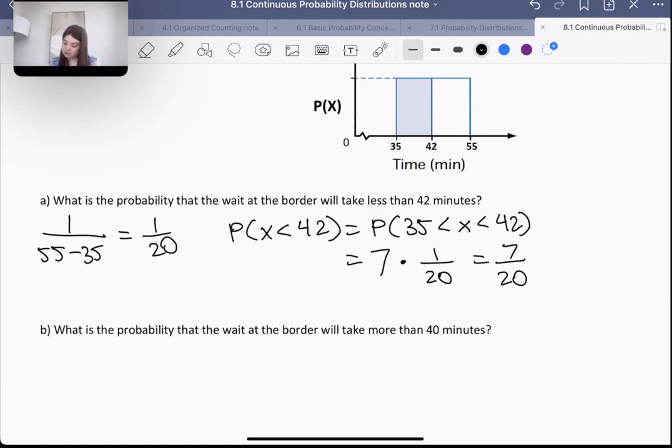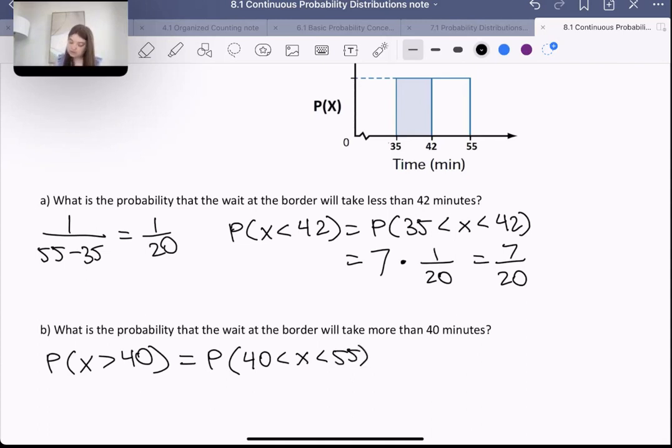So if the probability it'll take more than 40 is from 40 up to 55, and we already established the probability of each minute is 1 over 20, then the probability that x is greater than 40 minutes is the same as the probability that we're between 40 and 55, which is 15 minutes, right?